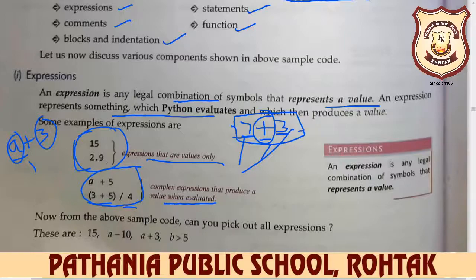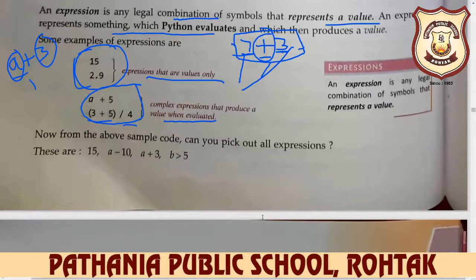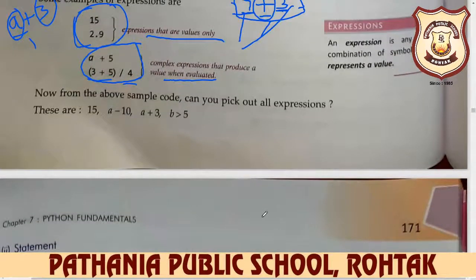Now from the above example code, you can pick out all expressions: 15, a minus 10, a plus 3, a greater than 5. These all are your expressions. So an expression is any legal combination of symbols that represents a value. For example, a plus b, a minus c, 3 plus 4.